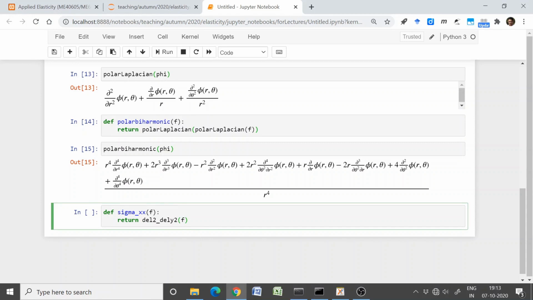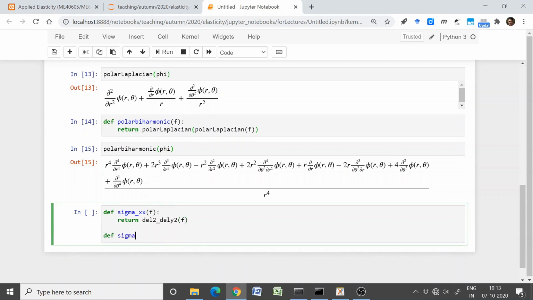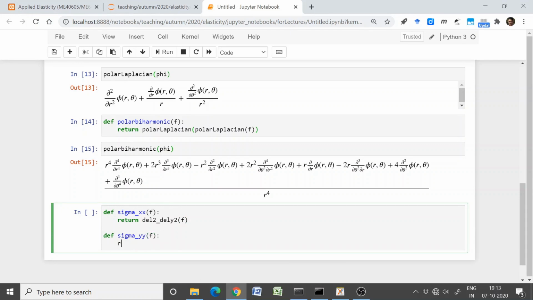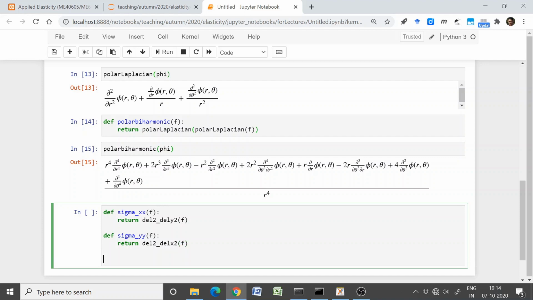Similarly, sigma yy of f is this. And finally, the sigma xy definition is this.